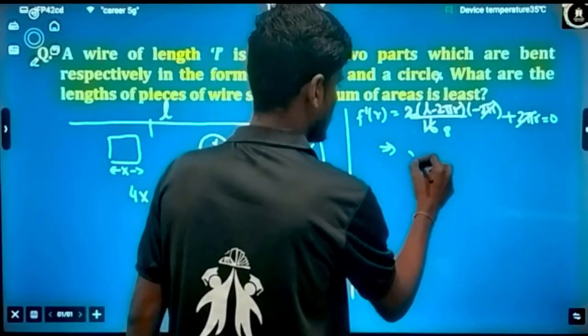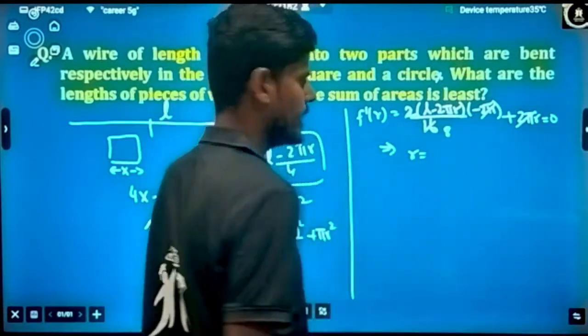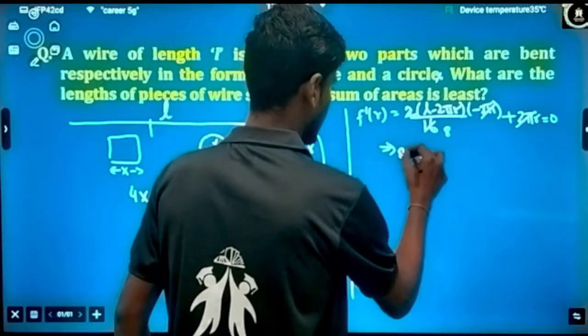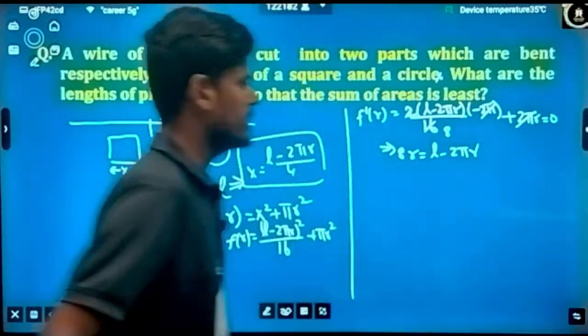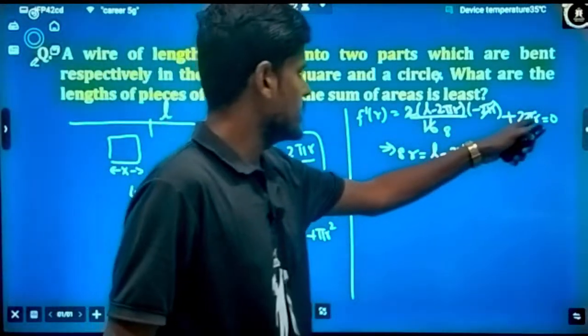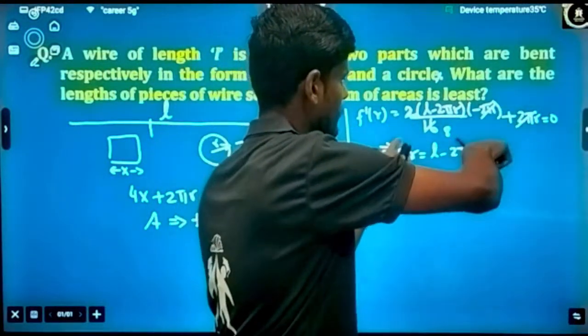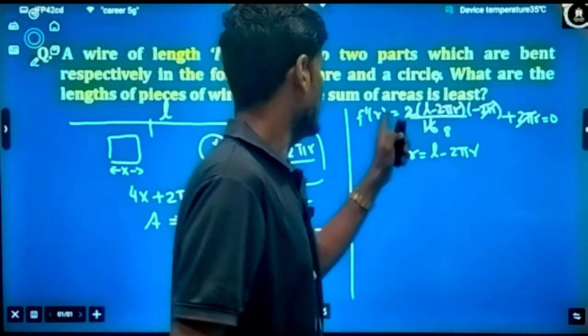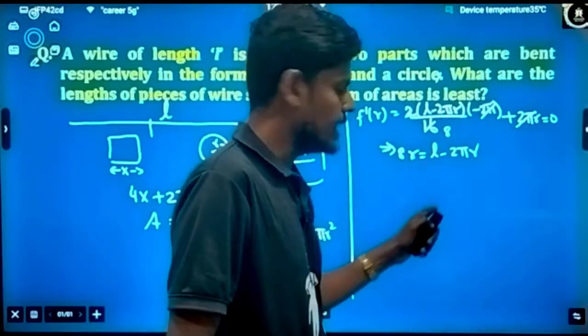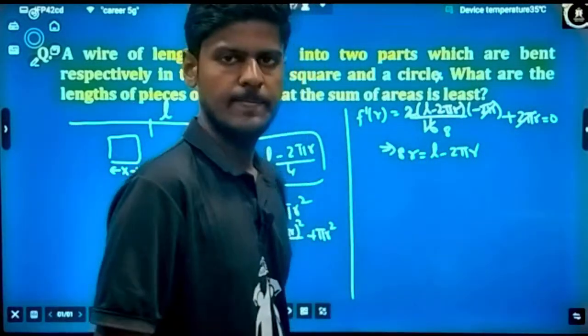That means r is equal to (L minus 2 pi r) divided by 8. So 8r will be equal to L minus 2 pi r. Clear now, students? Take this first term to the right-hand side, then the minus will become plus. We have (L minus 2 pi r) divided by 8, cross multiply by 8.